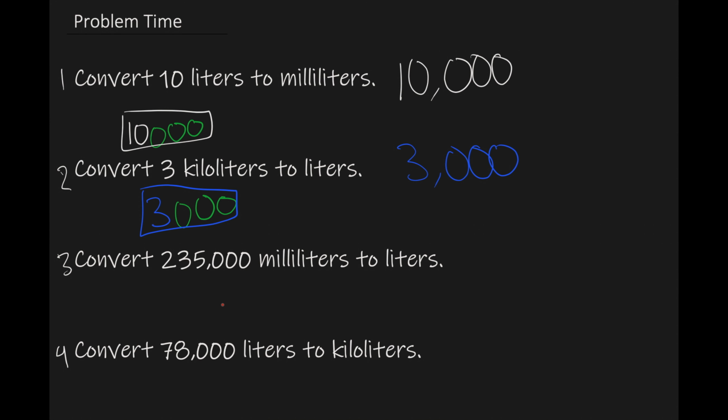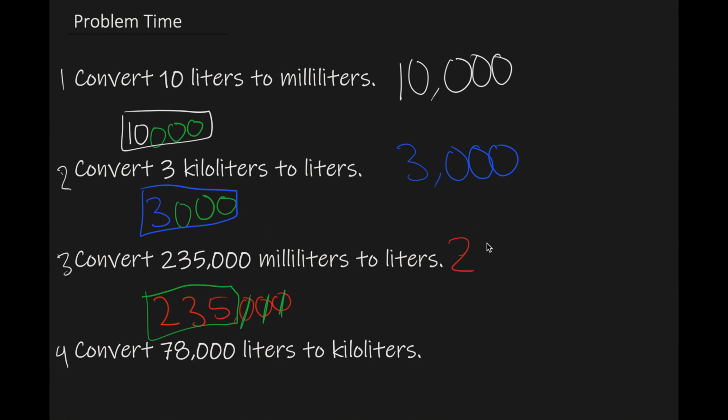Okay, and now we have convert 235,000 milliliters to liters. Okay, so let's do that. We have 235,000 milliliters, and now we're just going to take away the 3 zeros. So 1, 2, 3, and our number here is 235. Okay, and I wrote that down in the wrong color. I thought that doesn't matter, but it makes me feel a little off.